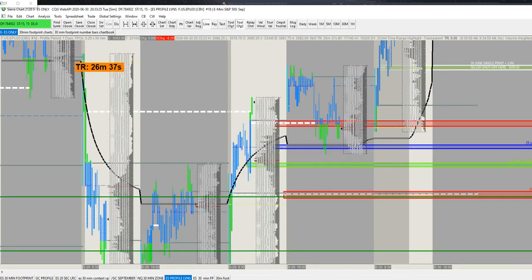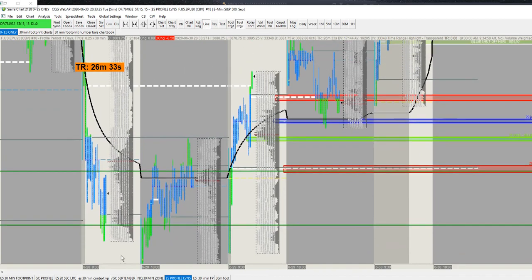Okay, so value area shift is something that I always look at, but I always want confirmation on the next day, and to really have a long bias, we need to understand the context of the last couple of days. So this is the 26th of June, which was Friday, right? The 26th of June is Friday, yeah. And this is Monday, and this is the 30th, Tuesday here.